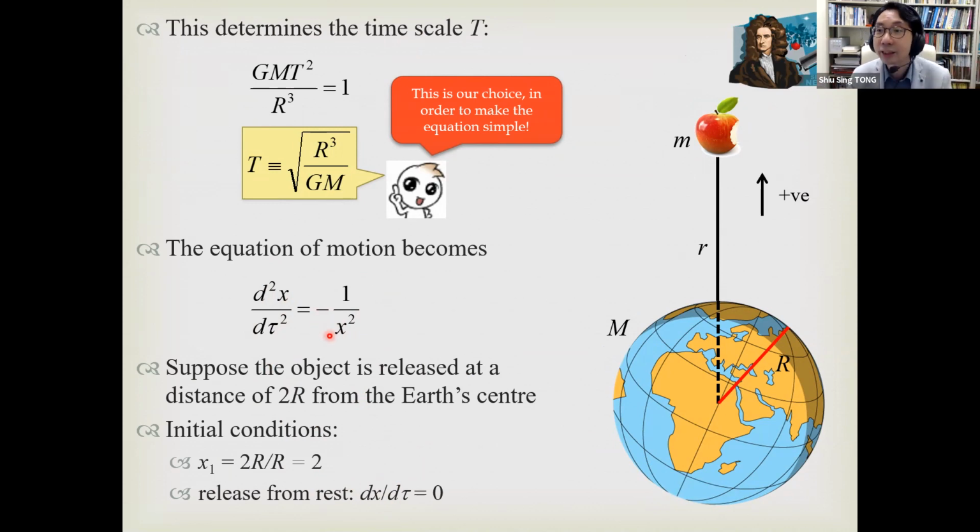I just do the same thing as before, just like solving any kind of motion that I gave you to do in the previous homework. But I don't have to care about the constants. I only have to deal with a simple equation where the acceleration is simply given by 1 over the distance squared. That simplifies the problem a lot, with this initial condition.